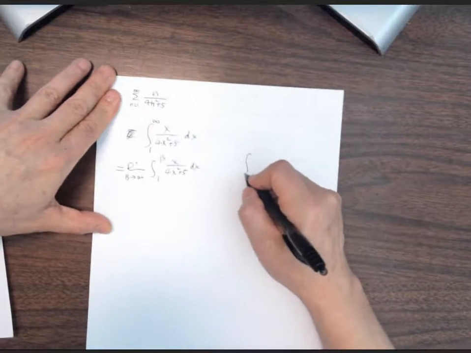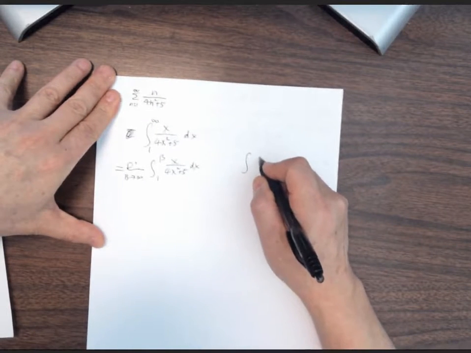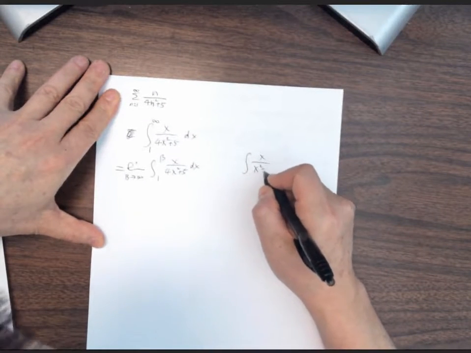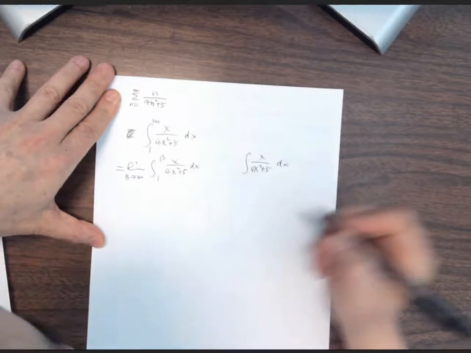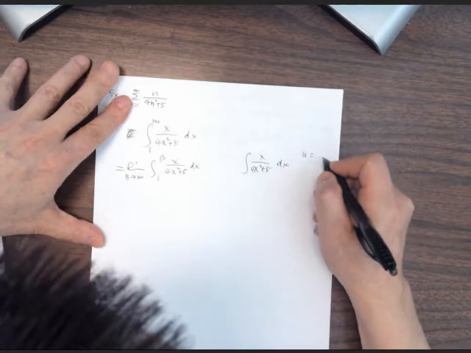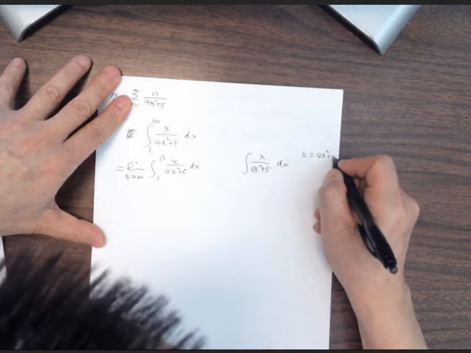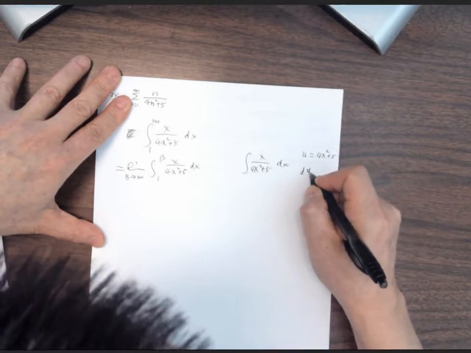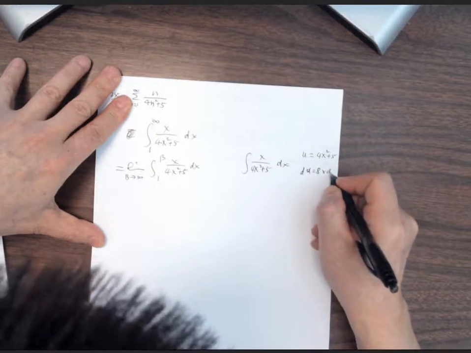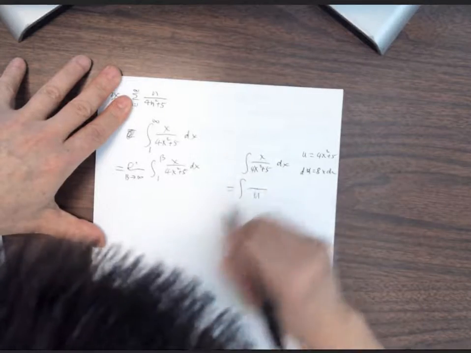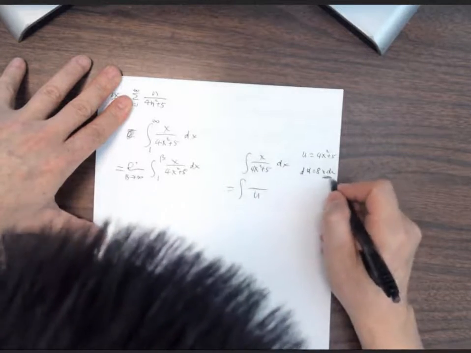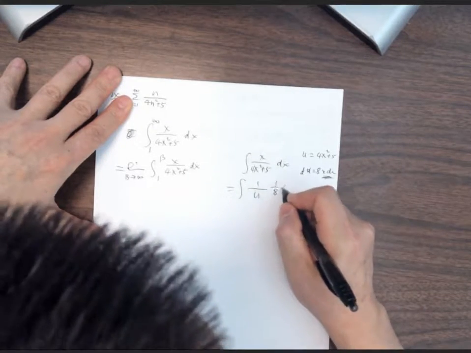Now, evaluate the integral on the side, basically find the antiderivative. Do a substitution: u equal to 4x squared plus 5, du equal to 8x dx. So x dx becomes 1 over 8 du.